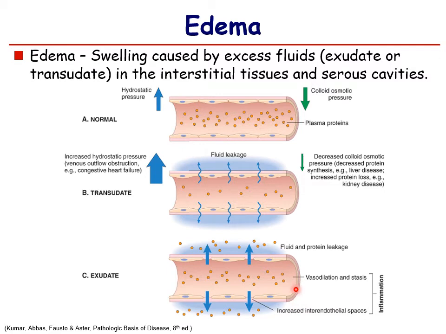As a result of vascular permeability, there is an increase in interendothelial spaces, creating larger space between vascular endothelial cells, allowing the constituents of the blood, including fluid, protein, and cells, to leak through the increased space and collect in the tissues. When this happens, this collection of fluid and proteins is called exudate.